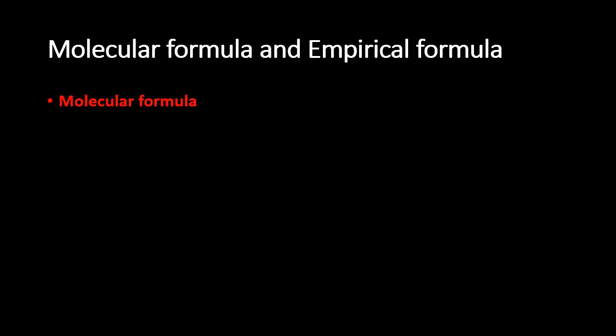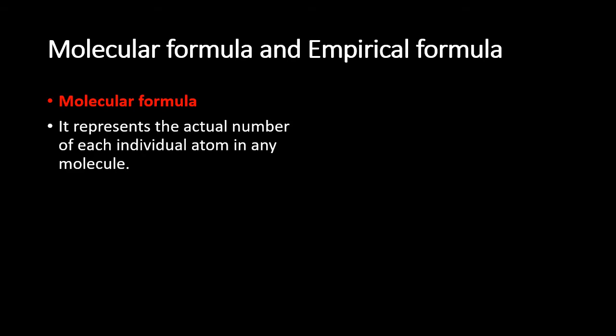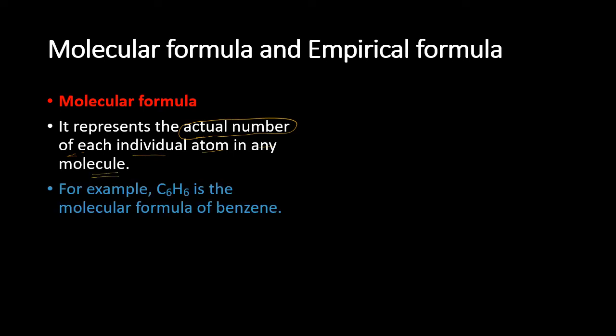Now let's see the definitions. So molecular formula represents the actual number of each individual atom in the molecule. For example, C6H6, which I have shown you earlier, is the molecular formula of benzene.